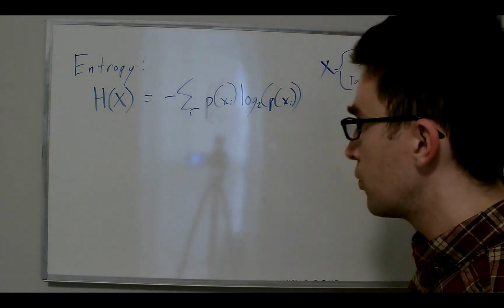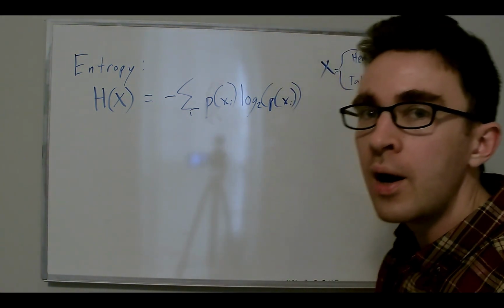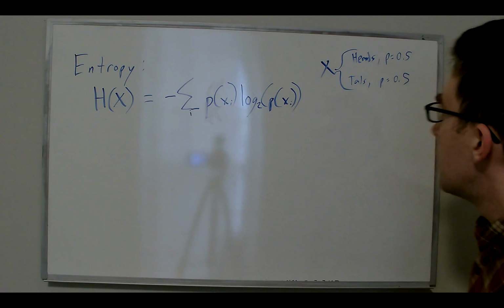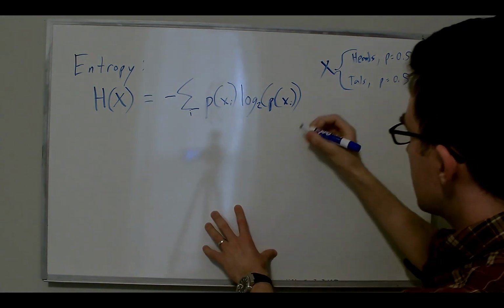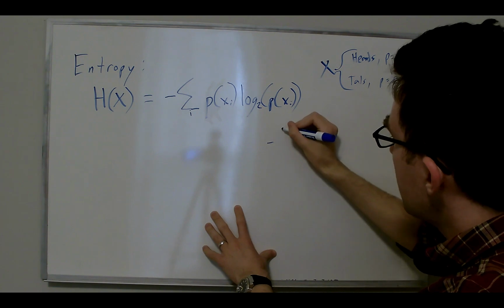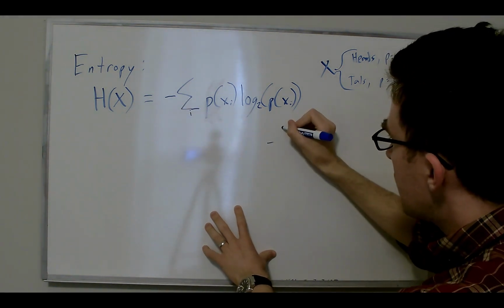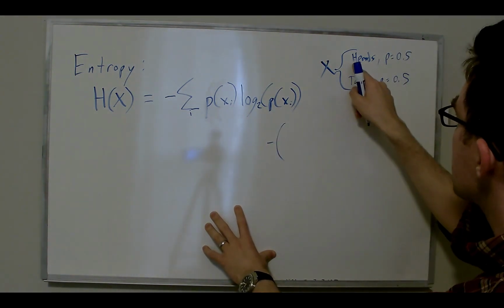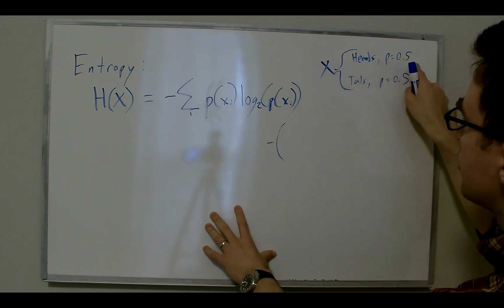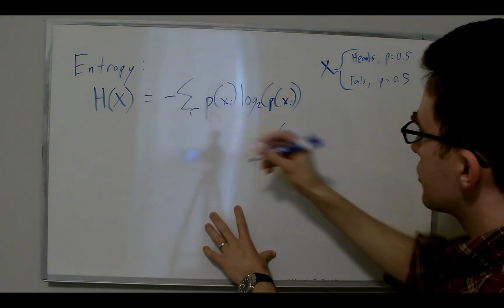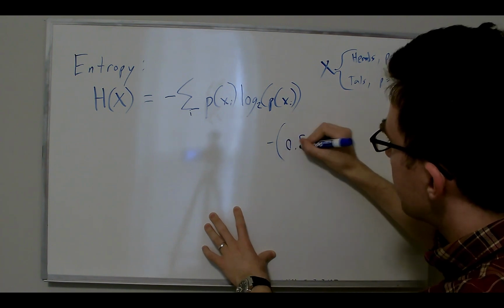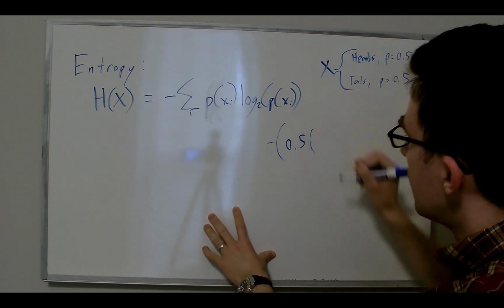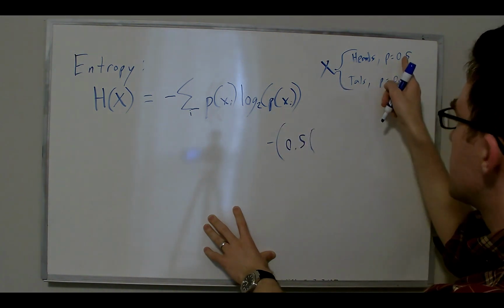Let's see if we can go through this entropy formula step by step to compute what the entropy of this fair coin flip will be. We're going to have a negative here, and then I'm going to do the whole summation right here. The first value that x can take is heads, and the probability of that is 0.5. So this first probability is 0.5, multiplied by log base 2 of 0.5.